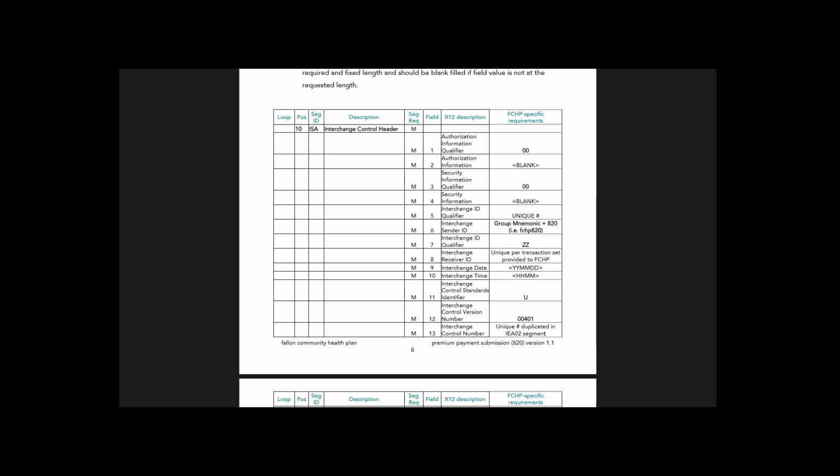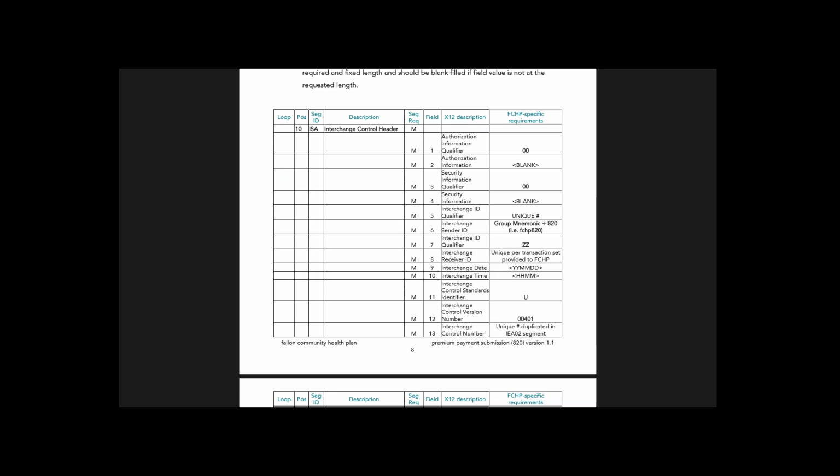Or is it that they say for the ISA segment, the first field should have the ID of that particular trading partner, the second field should contain the time, the third field should contain the date? Is that what we have to follow, or does it just say the ISA segment is 13 fields long, and then what goes into that data field depends on different companies, which can set whatever data they want to put in? Is that what it means?